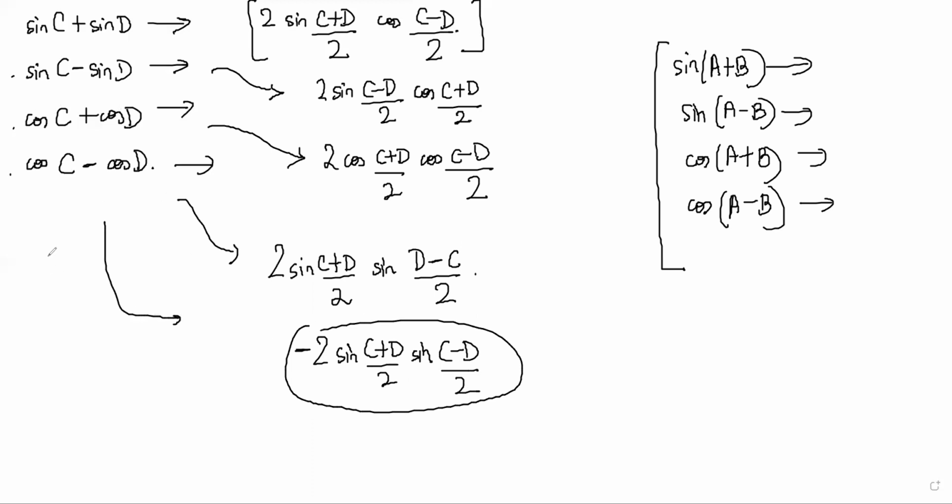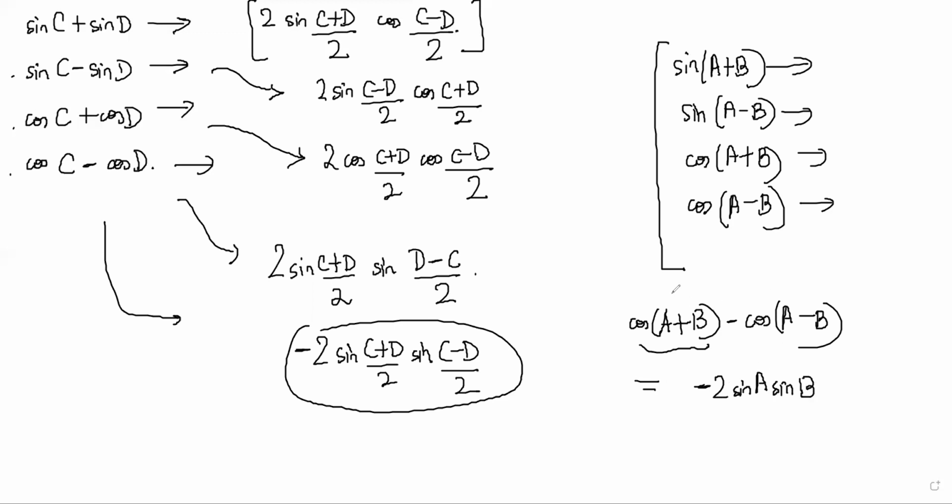Why? Because what I have to do is cos of, suppose, a plus b minus cos of a minus b, right? Cos a plus b will be cos a cos b minus sin a sin b, and this will be minus cos a cos b minus sin a sin b. So it will be minus 2 sin a sin b, right?